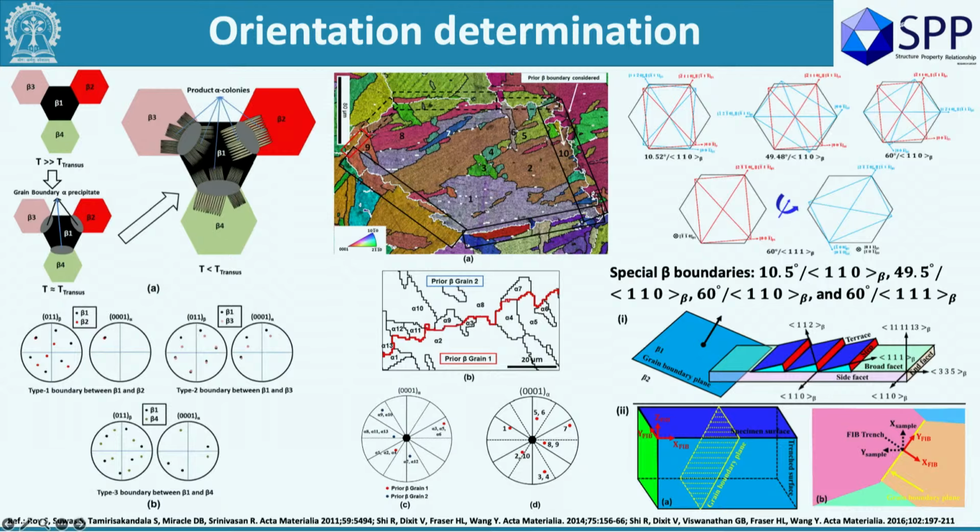When the two beta grains are quite different in orientation, then you have many more grain boundary alpha variants. And when there is no similarity in their beta orientation, then you will definitely not get anything. These three different situations will of course give you entirely different numbers of lamellar alpha variants and their size.